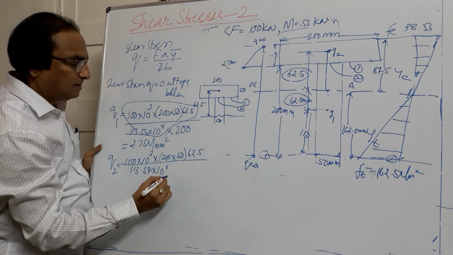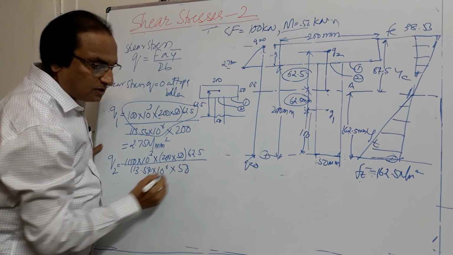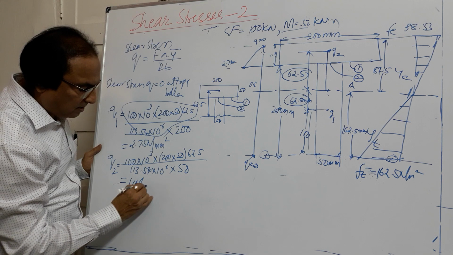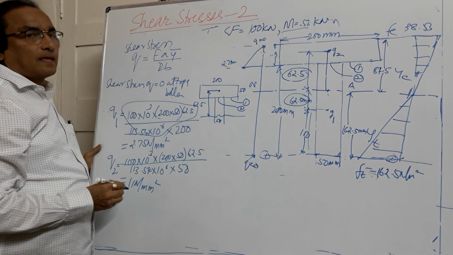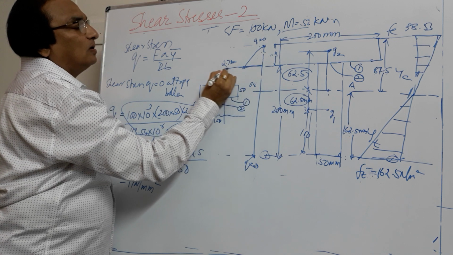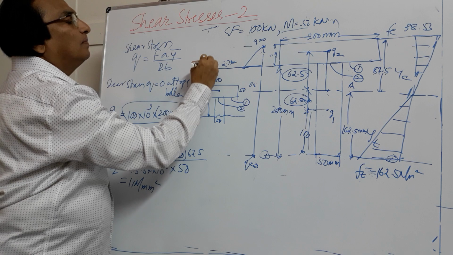All things remain the same; the only change is the width is 50. If we simplify, we get 11.11 Newton per mm square. At the same point, if I draw an ordinate, this is 11.11 Newton per mm square.